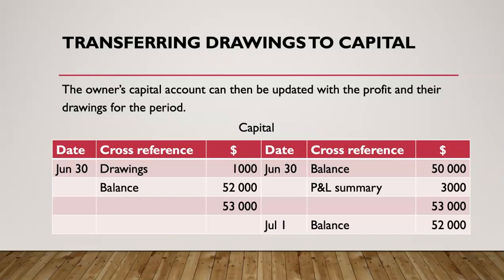Hence one a credit, one a debit. We can then balance this by adding up both sides, putting the highest number on both sides, and then going through the balancing process to recognize that the capital of our business, the business worth, is $52,000. $50,000 at the start, plus $3,000 of profit, minus $1,000 of drawings.